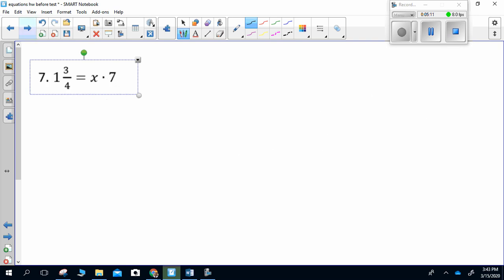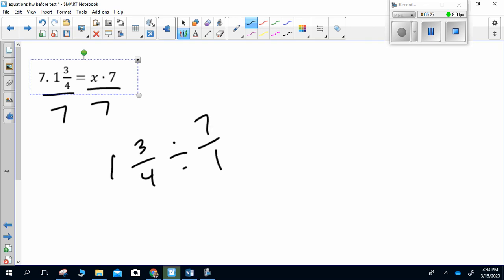Next one, we have 1 3/4 is equal to 7 times x. I want to divide both sides by 7 so I can get x by itself. So I'm going to do 1 3/4 divided by 7 over 1.